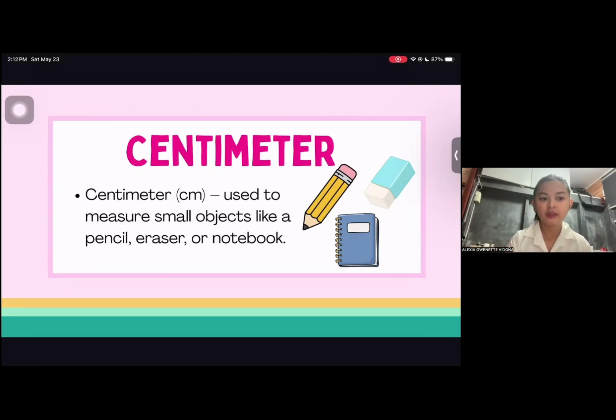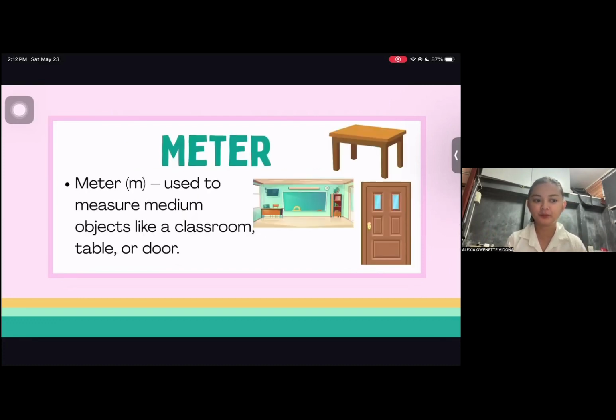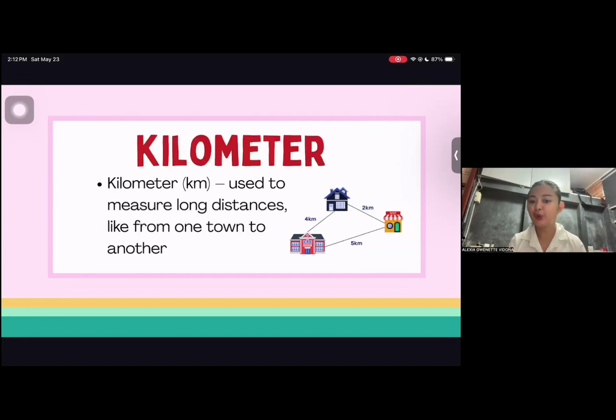Next is meter or m. It is used to measure medium objects like a classroom, table, or door. And last is kilometer or km. It is used to measure long distances like from one town to another.